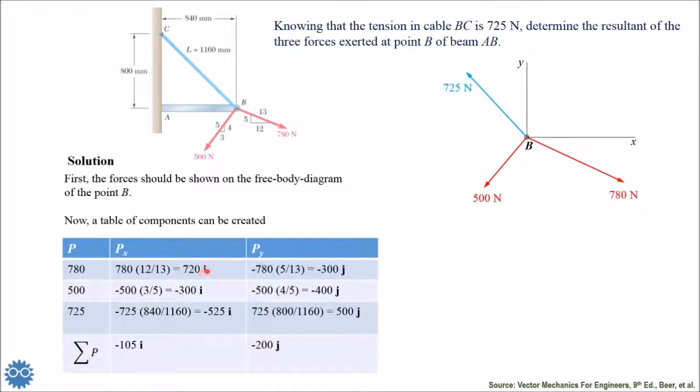So i here is a vector which acts towards the positive x direction, and its magnitude is equal to 1, to unity. That's why it's called unit vector in the direction of x. Here also we see the y component of the force 780.